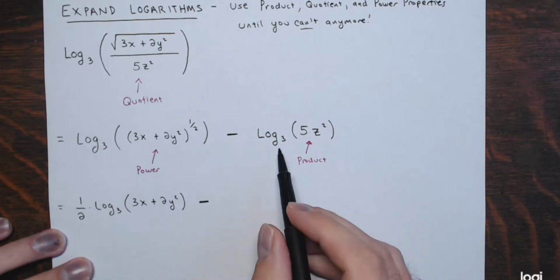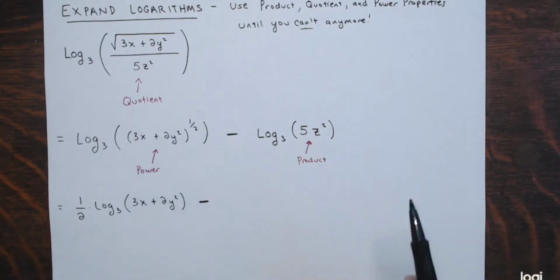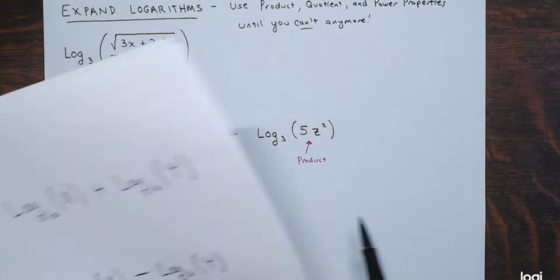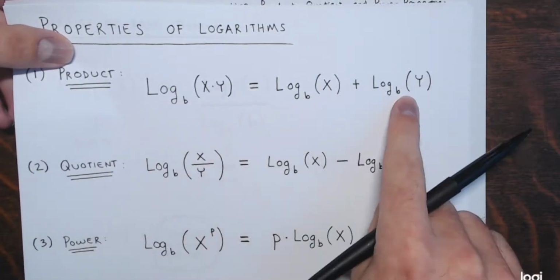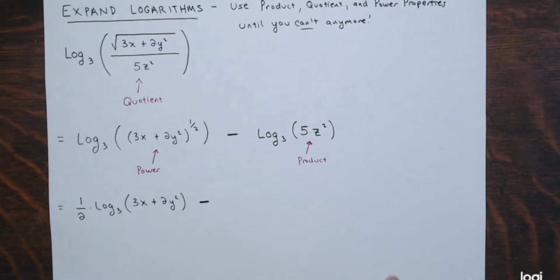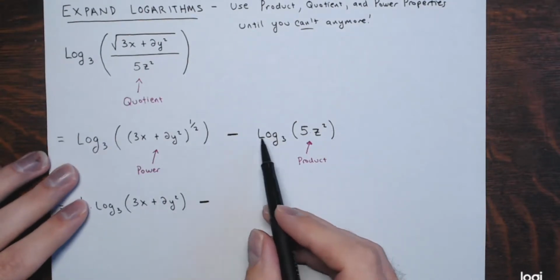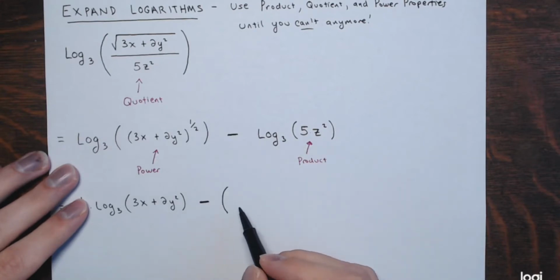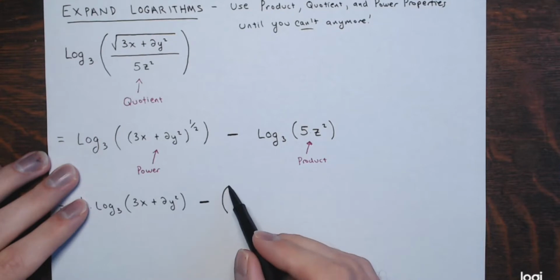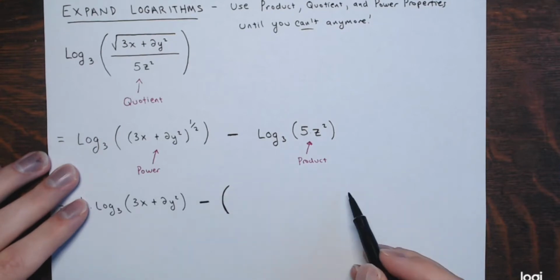Now be careful. Remember, the log of a product becomes the sum of two logs, has two terms. So be careful with subtraction. I'm subtracting this log of a product, meaning I'm going to subtract both terms. So I'm going to put parentheses here. We're not just subtracting the first of these two terms, we're subtracting all of it.